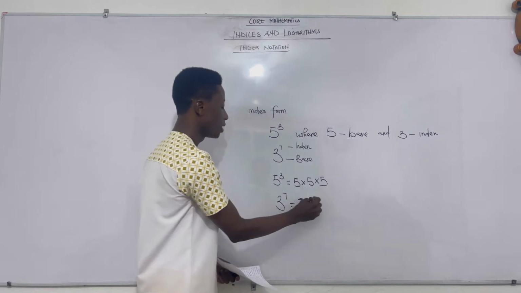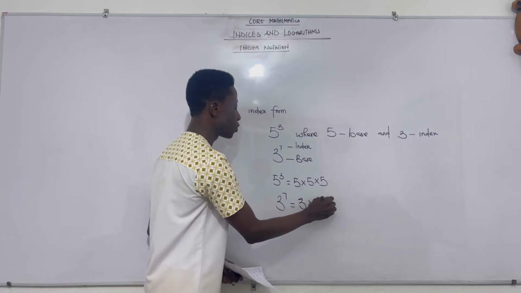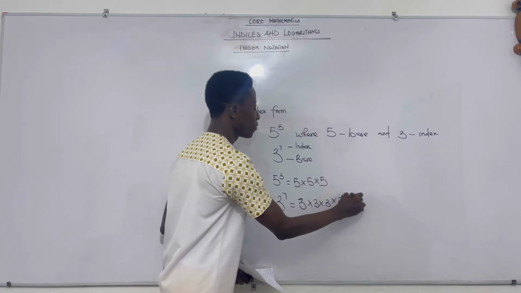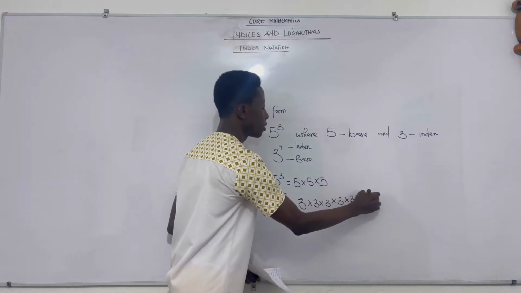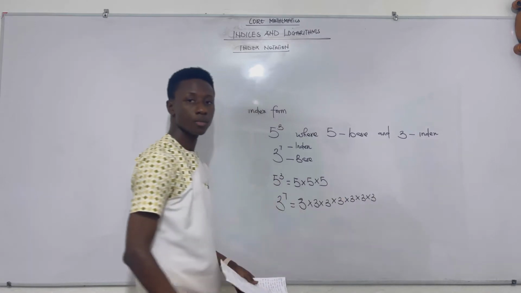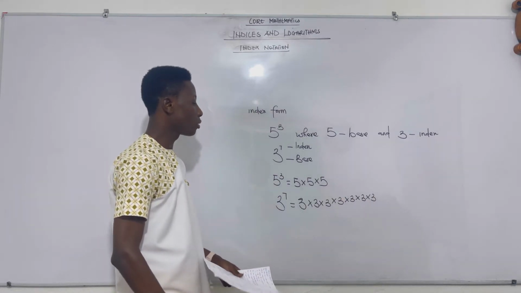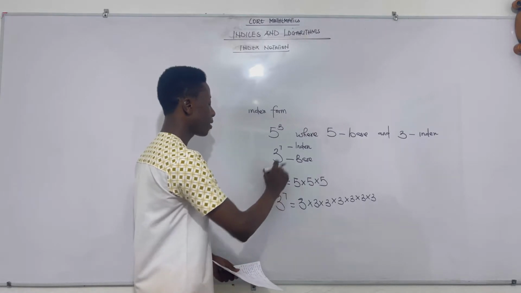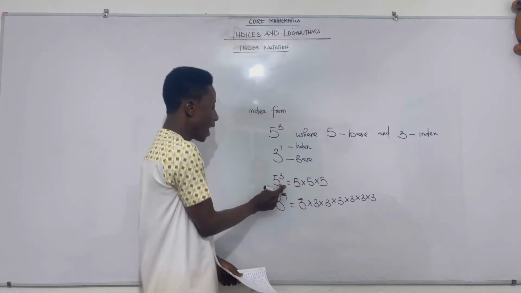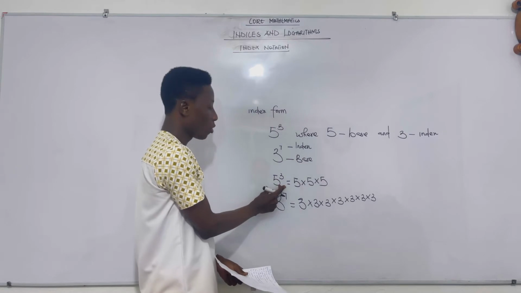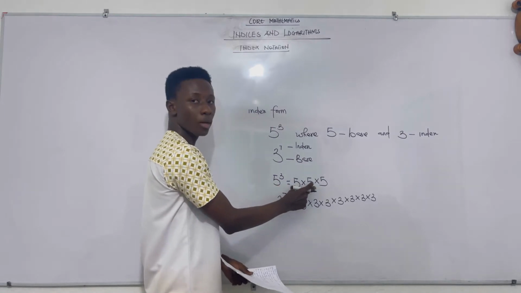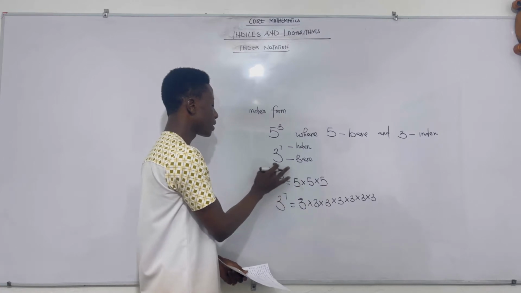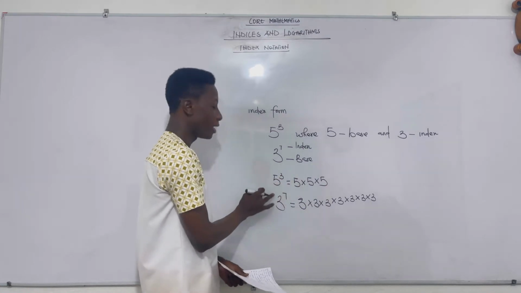That's 3 to be multiplied to itself 7 times: 4, 5, 6, and then 7. And so on. So you realize that the other version of the index form is a little bit bulky, and that is why we like representing them in index form.